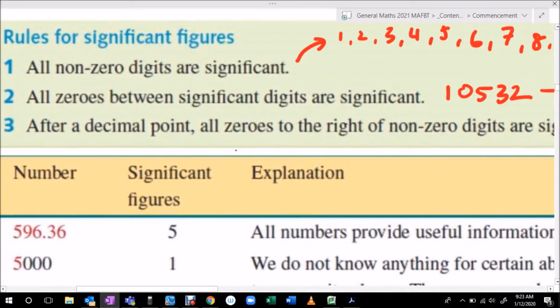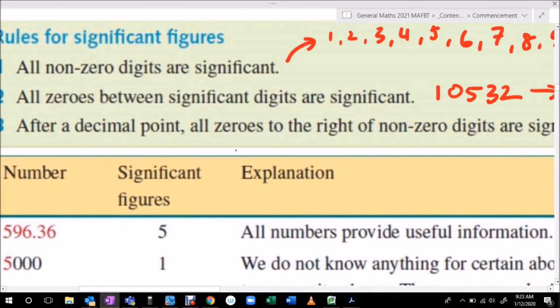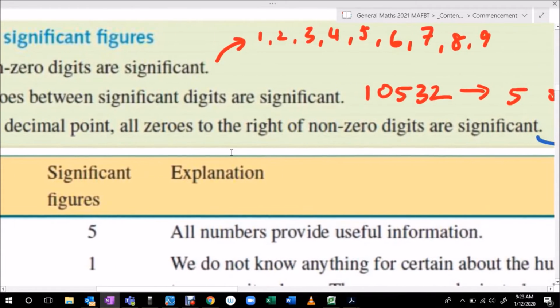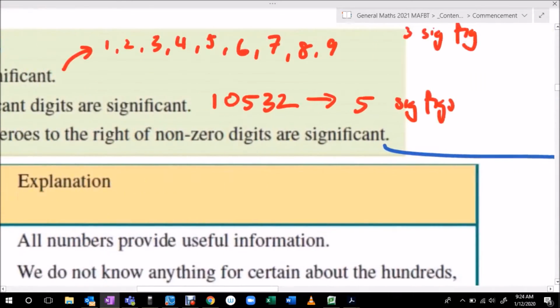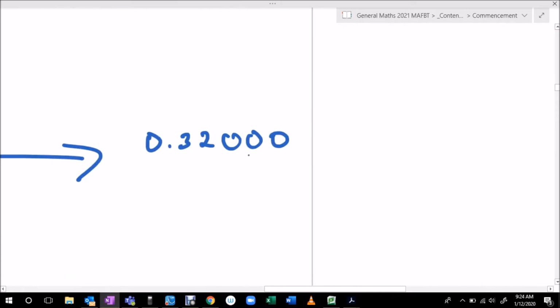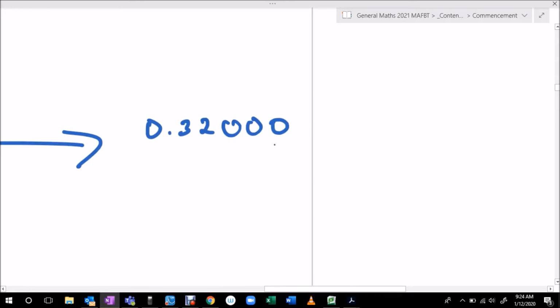Based on this rule, any 0 after a decimal point that is to the right of a non-zero is significant. So how many significants would there be here? 5, because anything to the right of the significant numbers that's a 0 is significant. A little bit complicated, but once we put it to practice, you'll get it. So in this case, you have 5 sig figs.